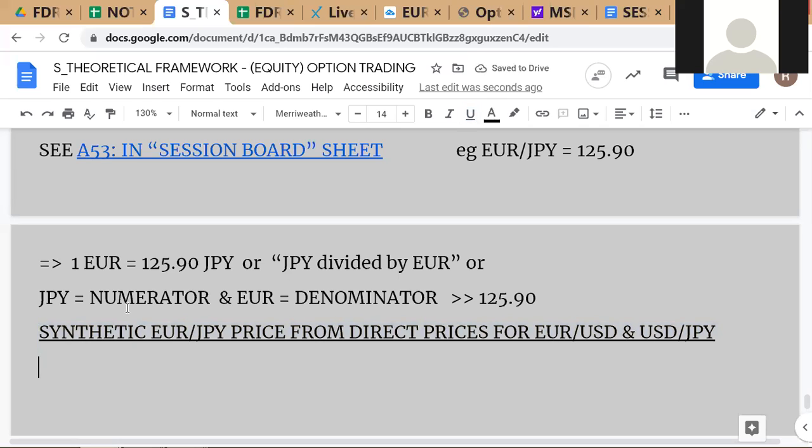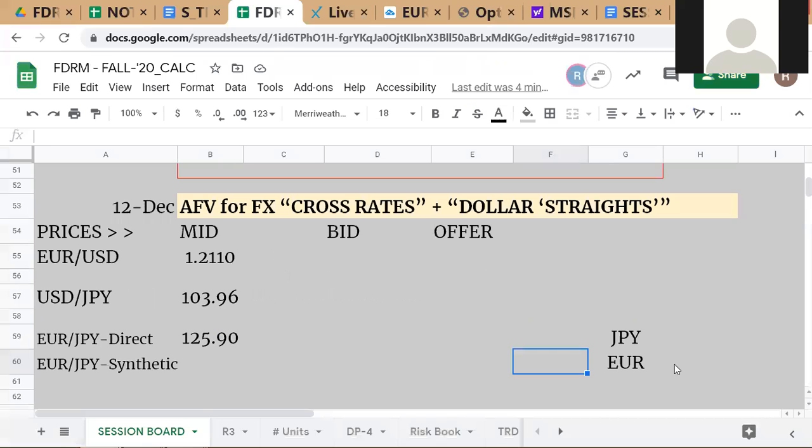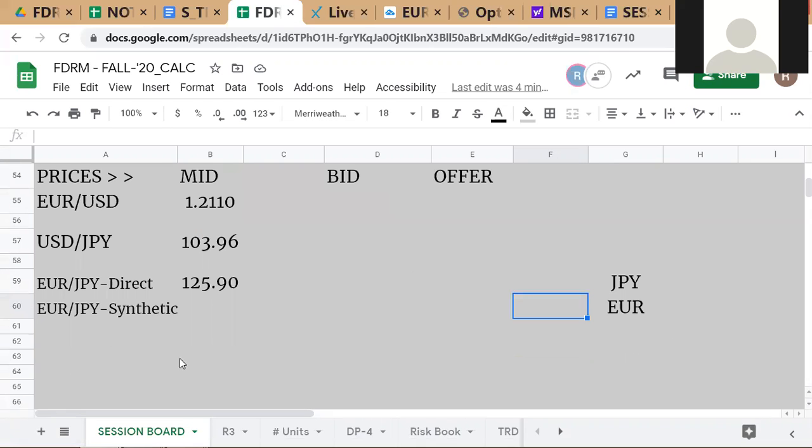Synthetic. So first understand what is euro yen. It's a little difficult to portray it, but let's talk about this here. Now I'm writing it as divided by. So this is a division line. Let me put it this way.